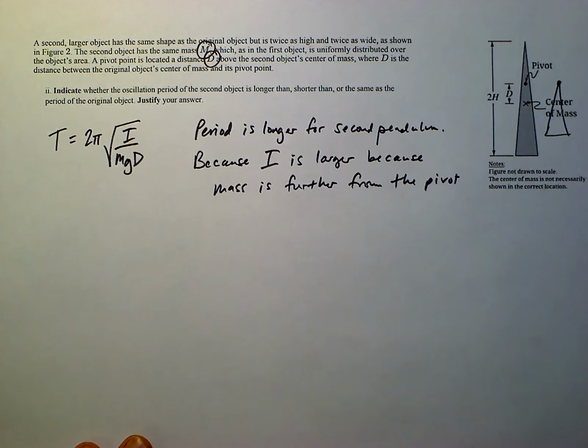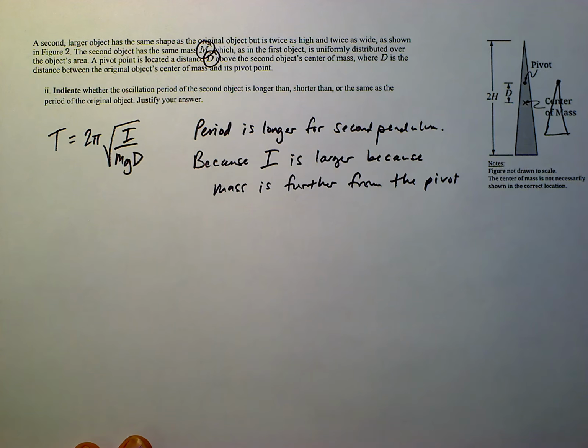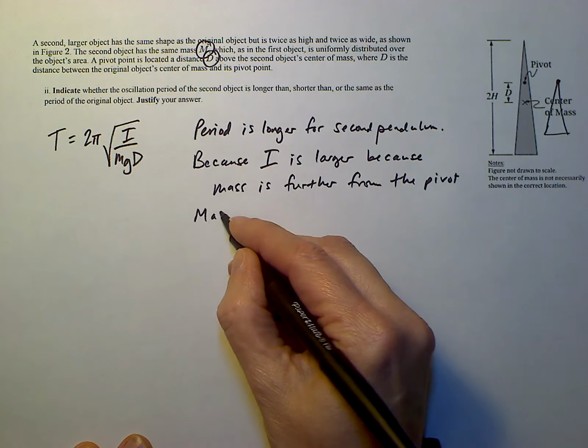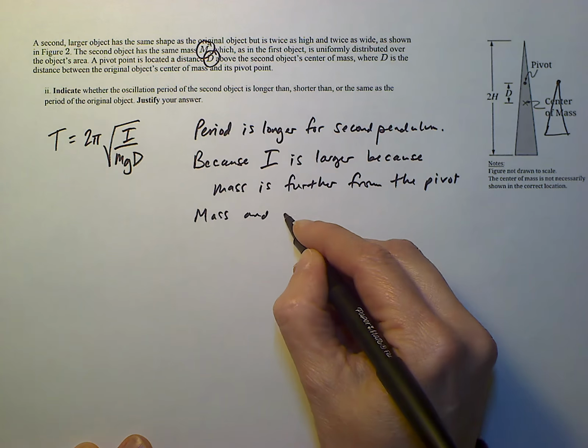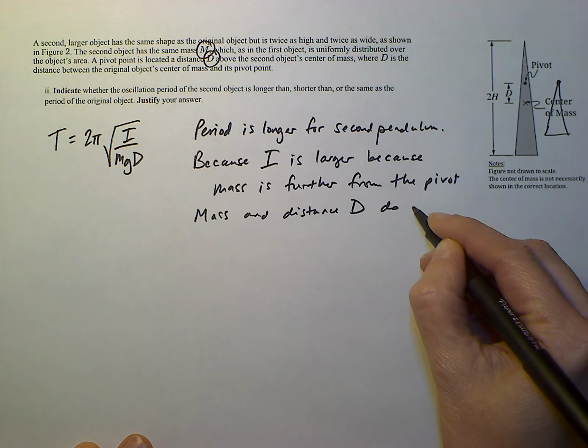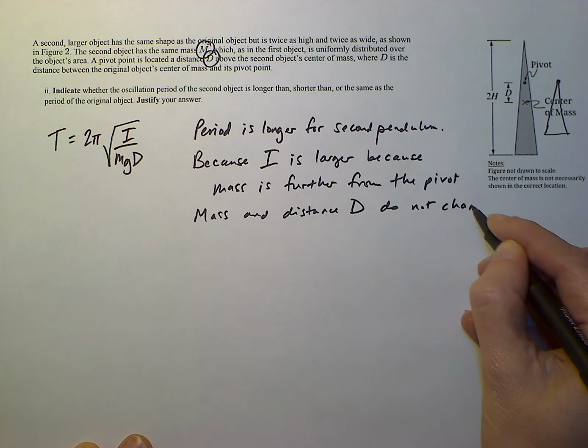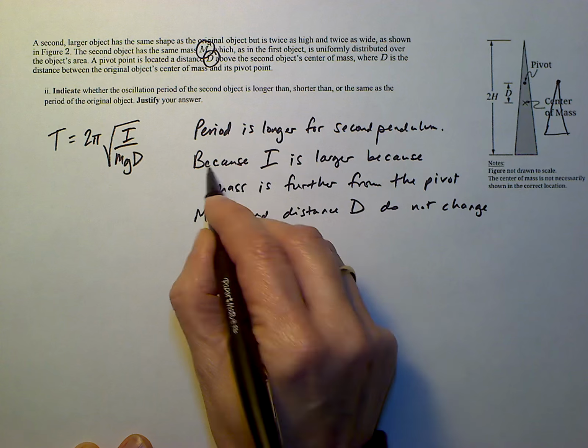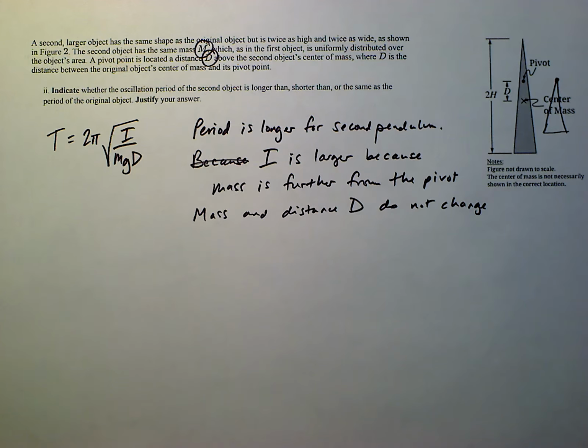Okay, it's the same amount of mass, but it's further from the pivot. The mass and the distance d do not change. Maybe I'll get rid of my because here. So the period is longer for the second pendulum. I is larger because mass is further from the pivot.